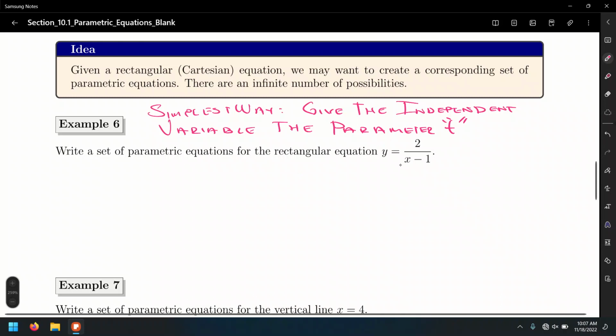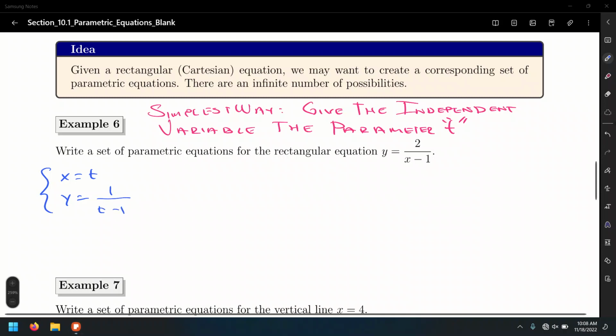We can tell that the independent variable is x, so that's the variable for which we're going to let the parameter be t. So the set of parametric equations is x equals t, and y equals, replacing x with t wherever you see it, 2 over t minus 1.